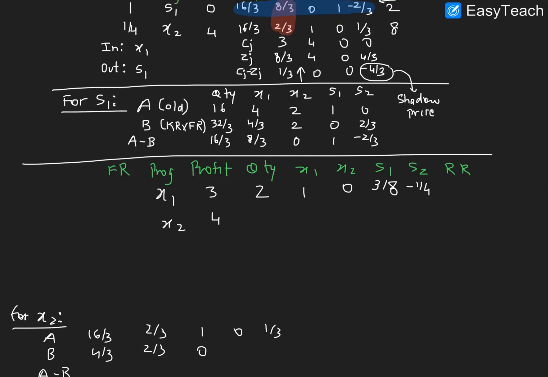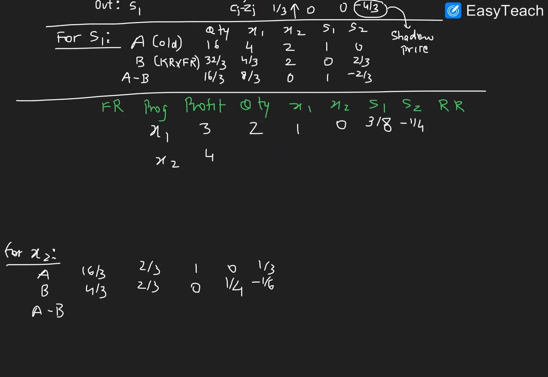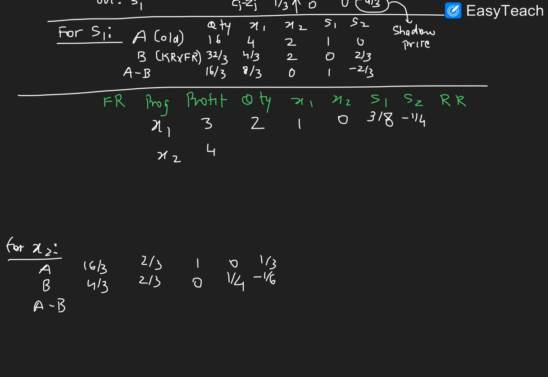Then 1 by 3 multiplied by 1, 1 by 3, and 1 by 3 multiplied by minus 2 by 3, so that's minus 1 by 6. If I subtract them, we get the values as 12 by 3, which is 4, 0, 1, minus 1 by 4, and this is half.